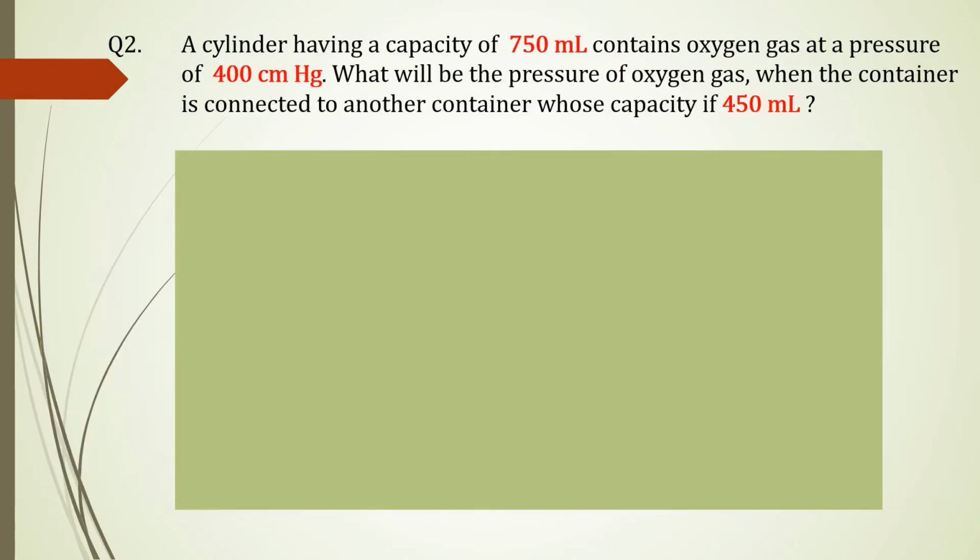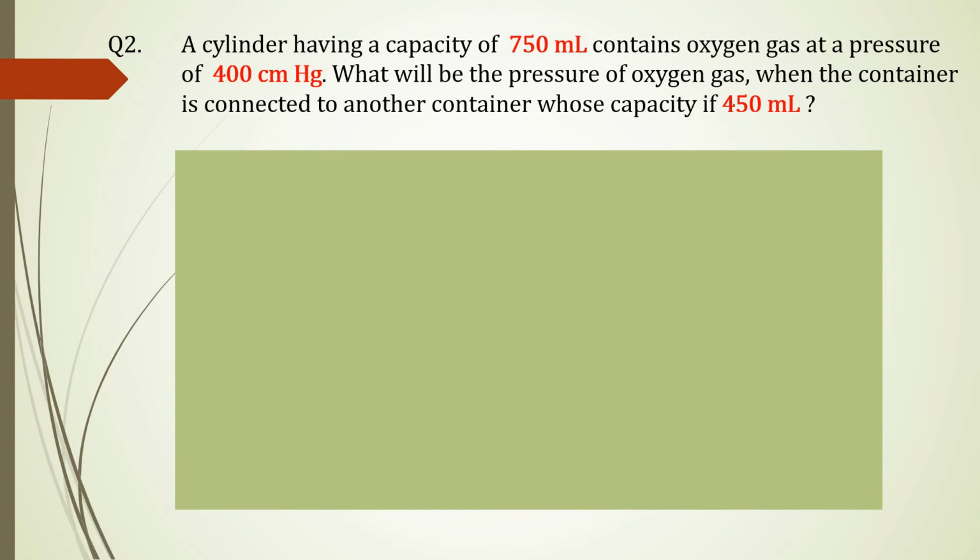Question number 2. A cylinder having a capacity of 750 ml contains oxygen gas at a pressure of 400 centimeter of mercury. What will be the pressure of oxygen gas when the container is connected to another container whose capacity is 450 ml?